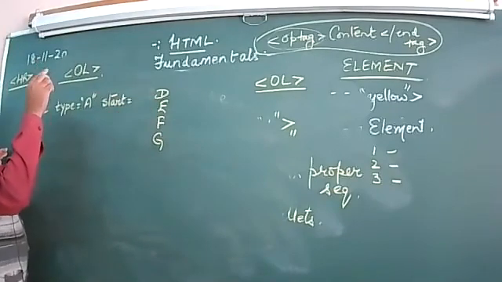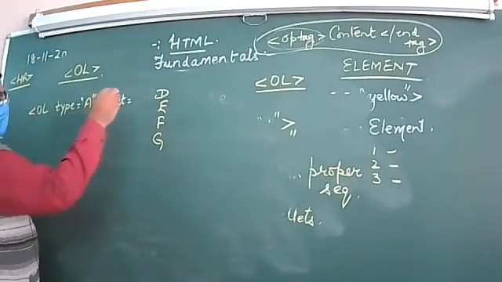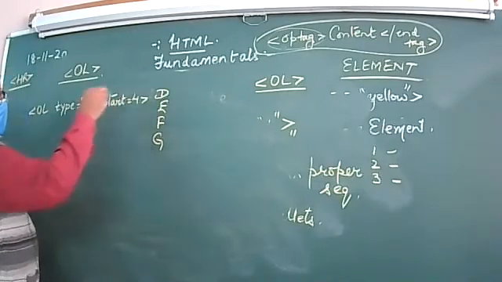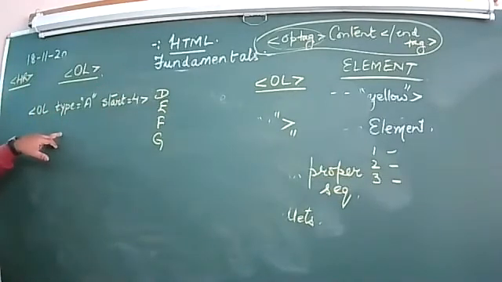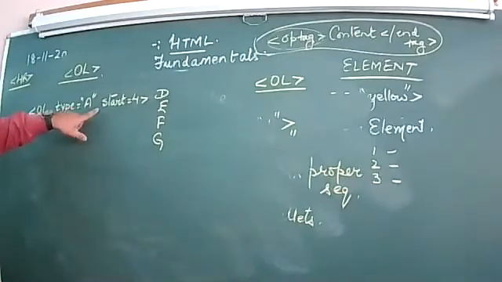A is 1, B 2, C 3, D 4. So write here 4. And the start attribute is only and only available in ordered list, not in unordered list.